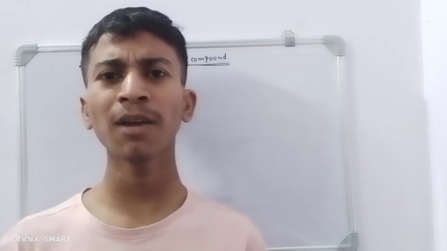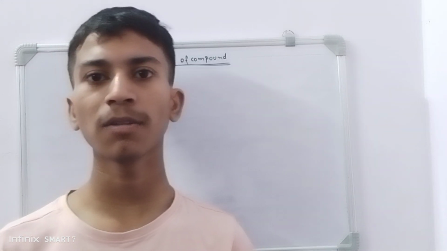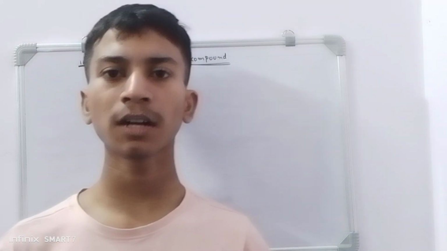So all the things I am going to discuss you must remember before starting your class 10th journey in chemistry. For this, you must remember the class 9th ionic compound table for writing chemical formulas, and if you know how to write chemical formulas, then you must go over this video also.